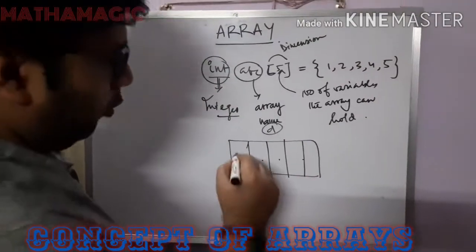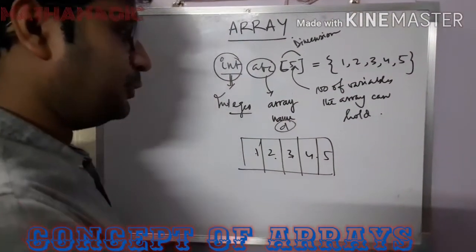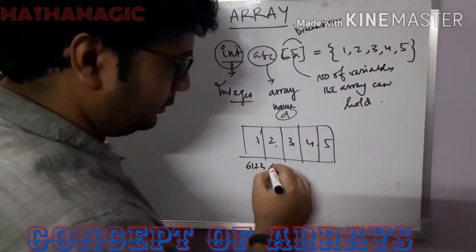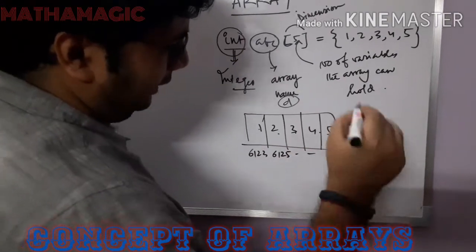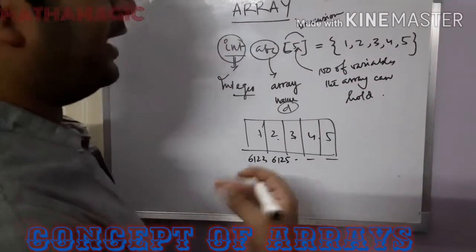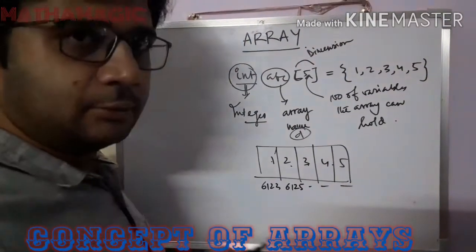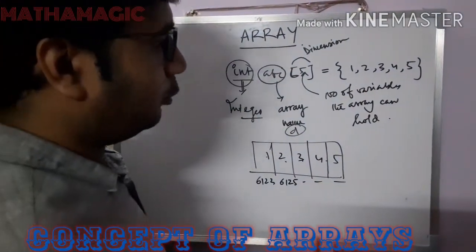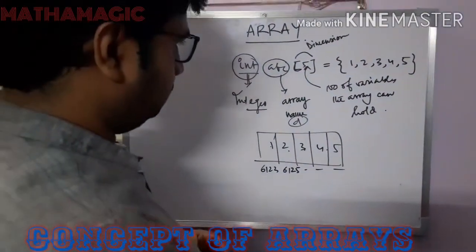So these are the values which have been stored. Now what will be the variable names under which the values will be stored? We have to give the variable names. So for this purpose, we need to understand what the array does.